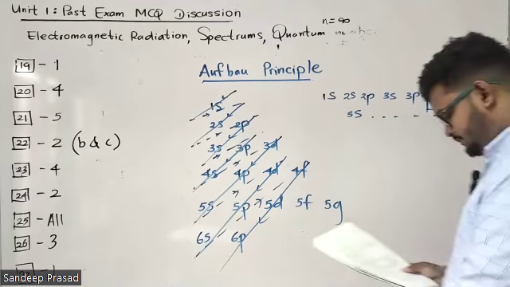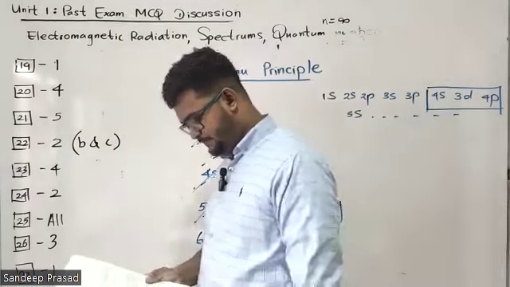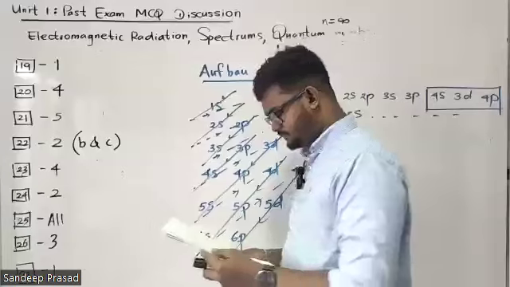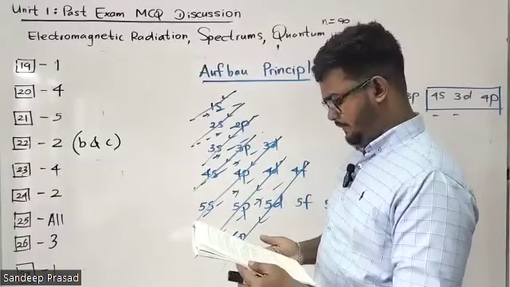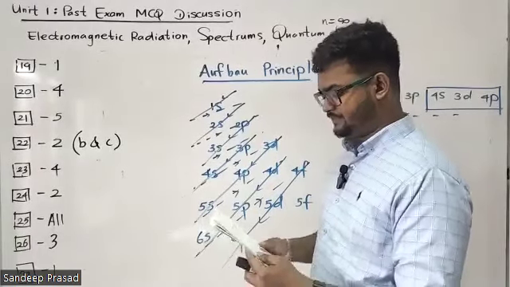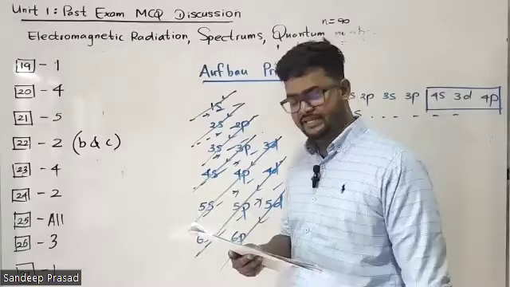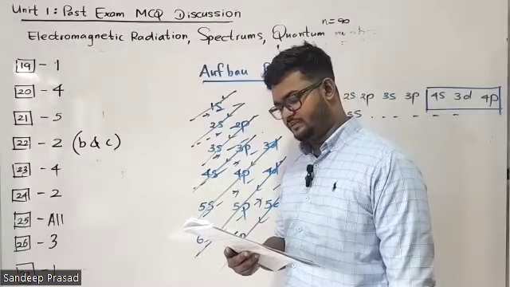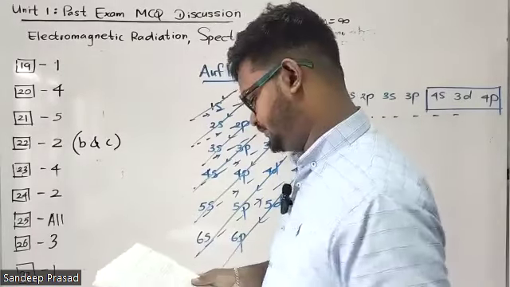Right, okay. Now let's go for the next question. Page number 12, question number 28. The emission lines of Balmer series of the atomic spectrum of the hydrogen are shown below.